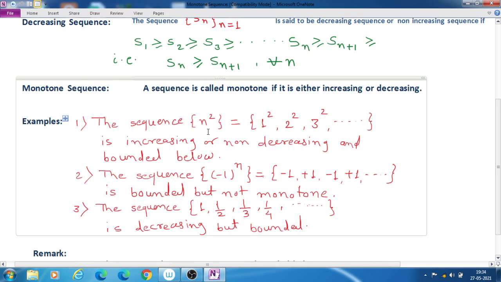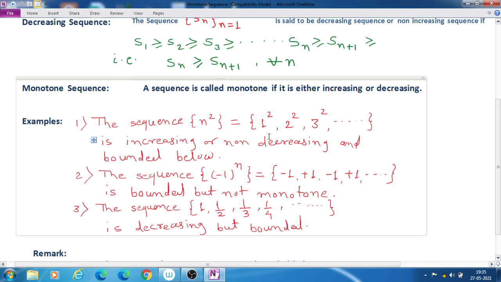The sequence n square, that means the terms in this sequence are 1 square, 2 square, 3 square, and so on. Now this sequence is increasing. We can see here the terms are going on increasing. An increasing sequence is also called a non-decreasing sequence. This is bounded below, that means this sequence has a lower bound.